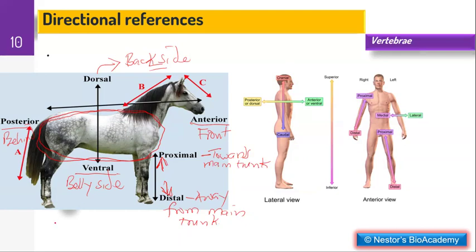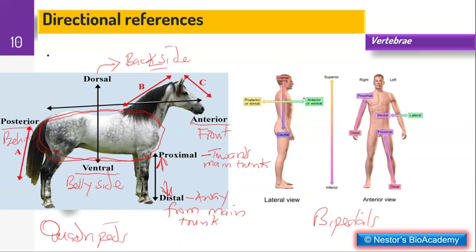It's also important to note that the way these terms are used differs depending on the type of organism. If you look at the quadrupeds, or if you look at the bipedals, like us.